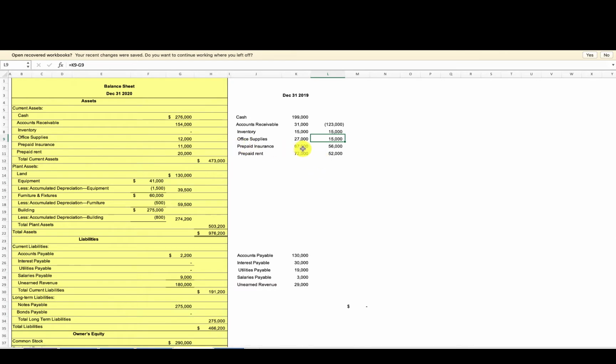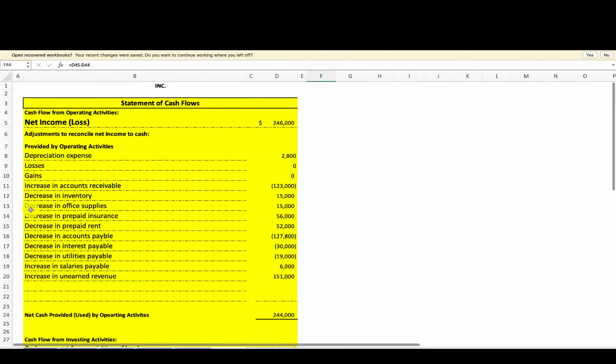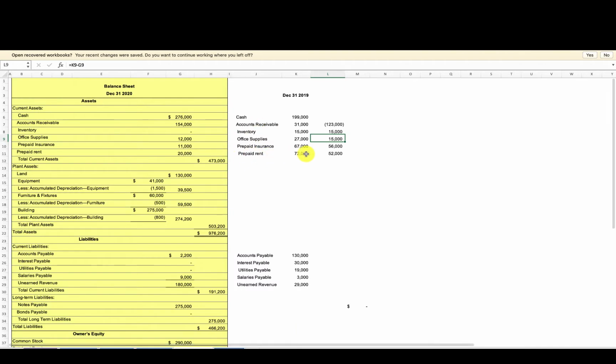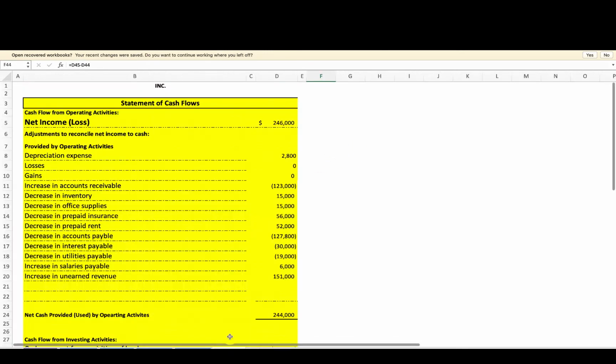So here, prepaid insurance from 67 to 11, it was $56,000. That was a decrease in prepaid insurance, and we look, decrease in prepaid insurance, $56,000. And then we look for prepaid rent, 72. This was a decrease in prepaid rent, which is $52,000 positive.